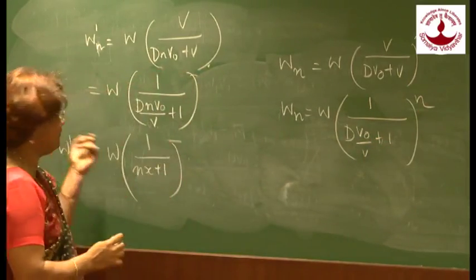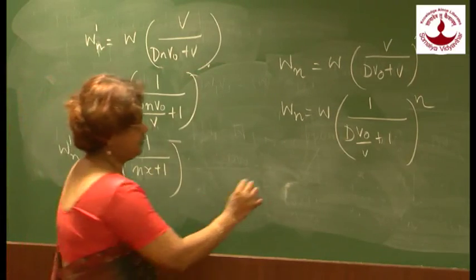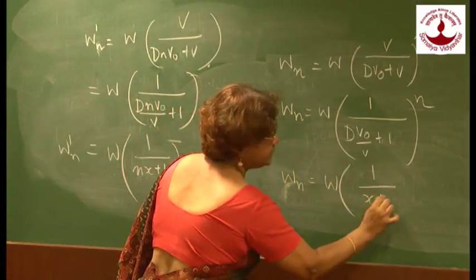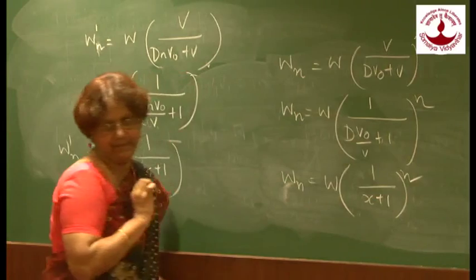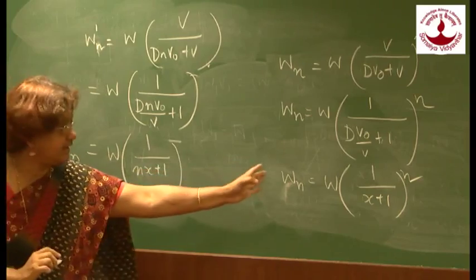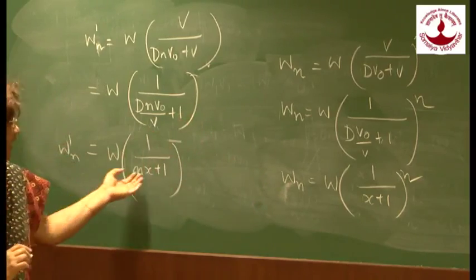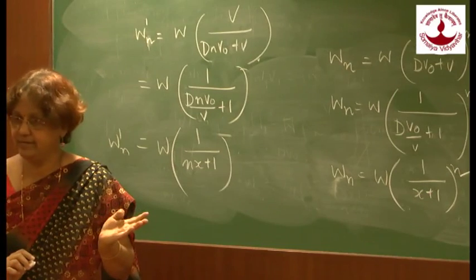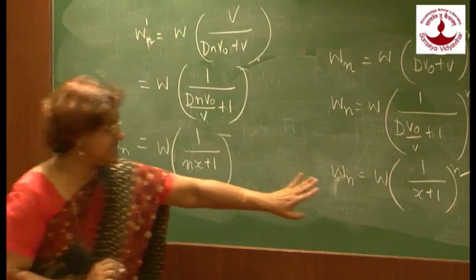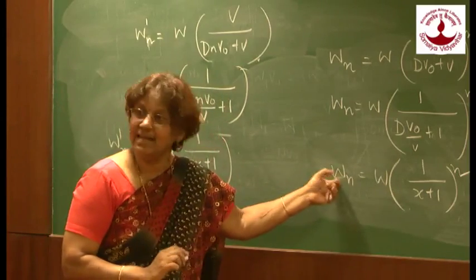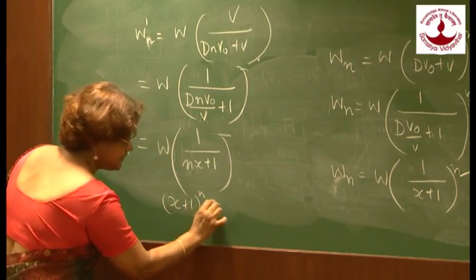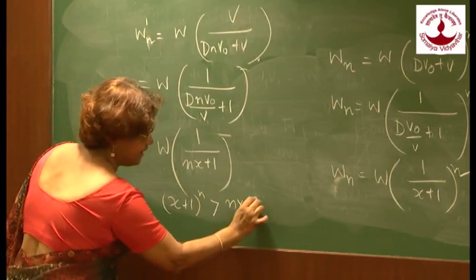Now D VO by V, we have taken equal to X. So Wn is equal to W times 1 upon X plus 1 raised to n. Right? Now looking at these two equations, which is greater? X plus 1 raised to n is greater or N X plus 1 is greater? X plus 1 raised to n is greater. Since this is greater, this is going to be lesser. So, since X plus 1 raised to n is greater than N X plus 1, it follows.